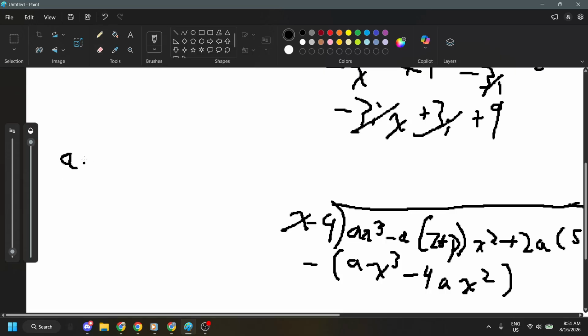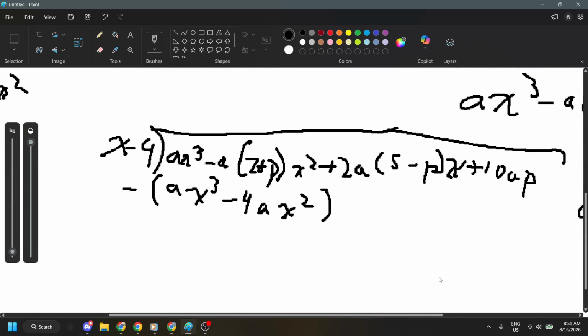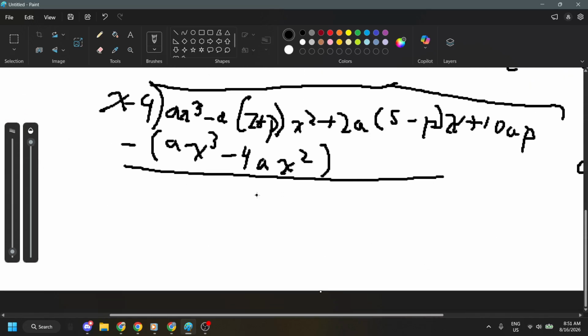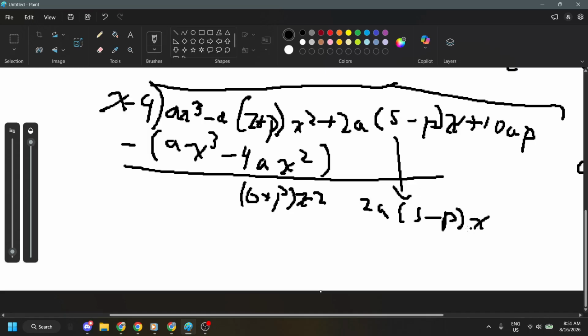Factor out the a, and it's going to be 6 plus p x squared. Then bring this one down. We get 2a times 5 minus p x.